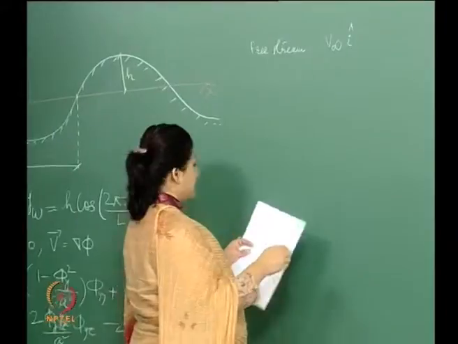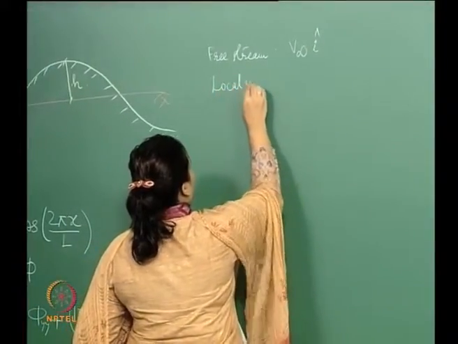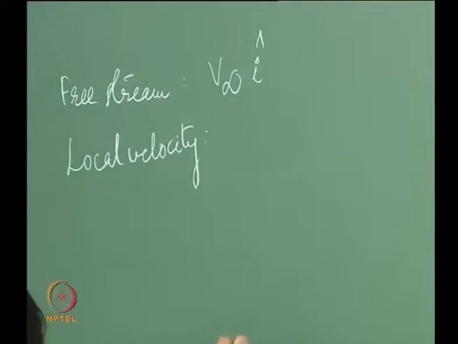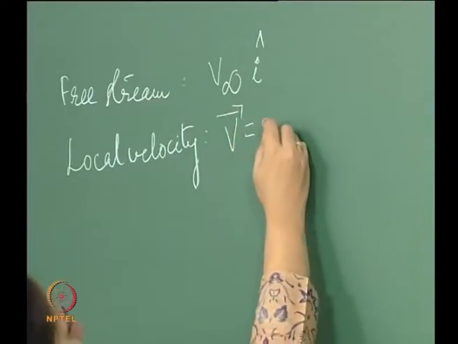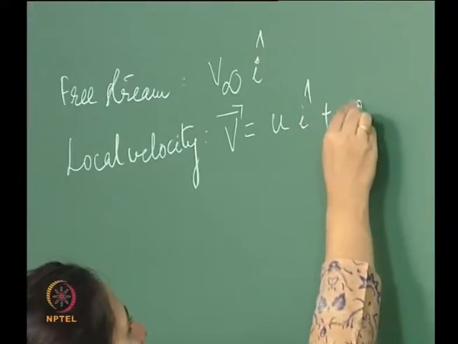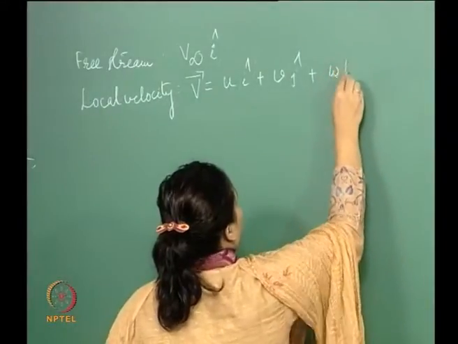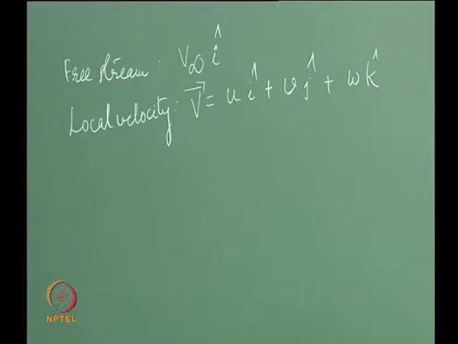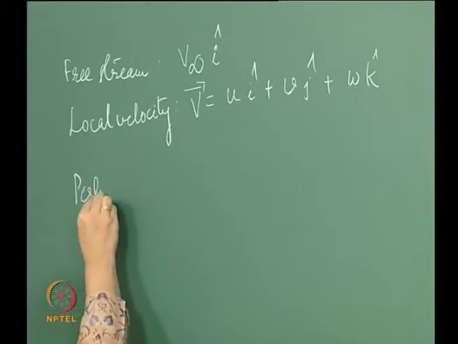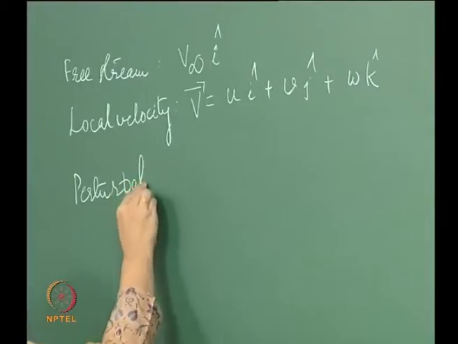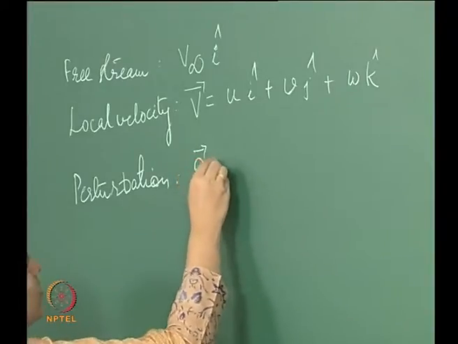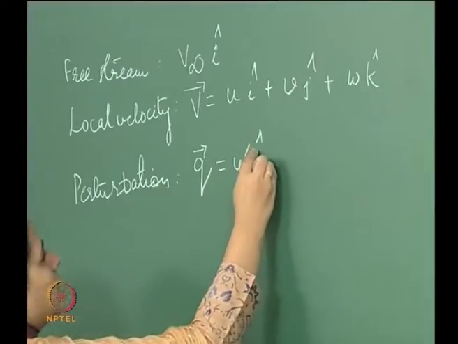So then the local velocity, we are going to call this, is equal to this, the total local velocity. Then let us say the perturbations in the velocities are as follows. The perturbation velocity, let us call this q, we are going to call u prime.